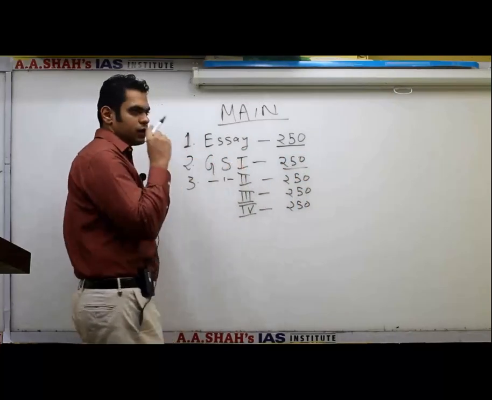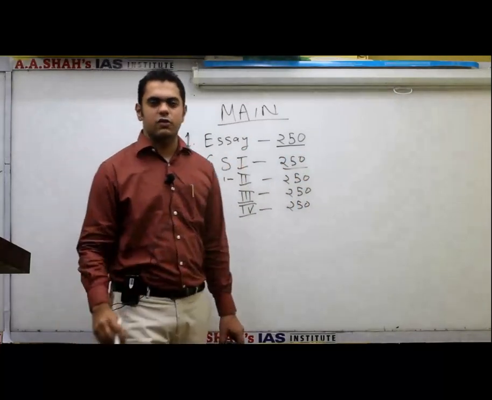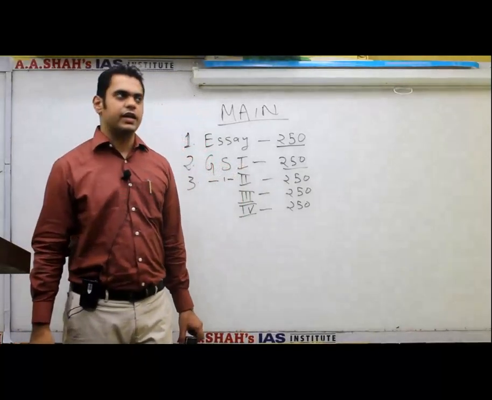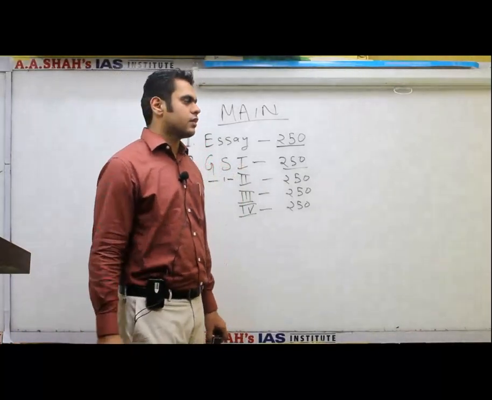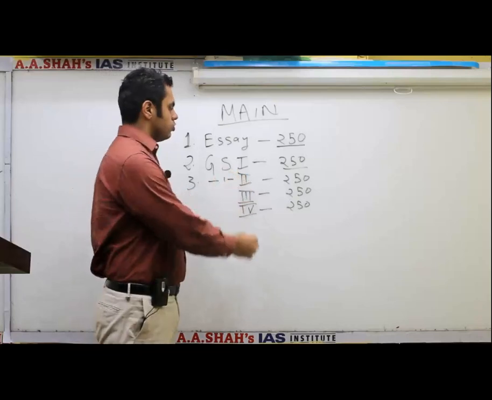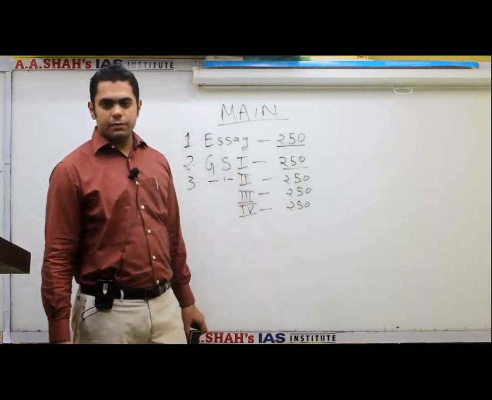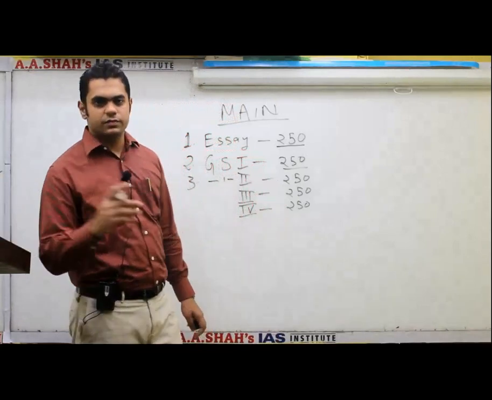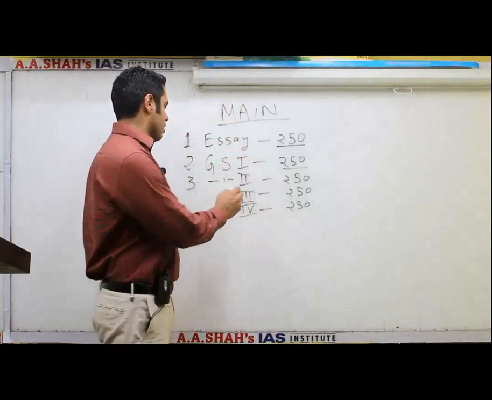GS paper 1, as some of you might know, consists of culture, history, geography, Indian society and likewise topics. GS paper 2 consists of your polity part, your governance part, international relations and all those topics.